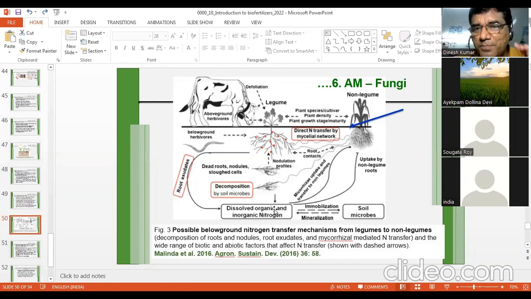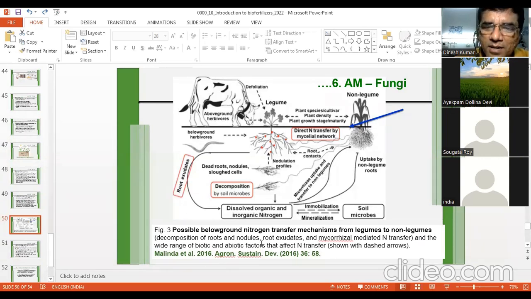Here also, in this picture, it is shown how nitrogen is transferred from legume to non-legume when they are growing together. Direct nitrogen transfer by mycelial network. So this mycorrhiza is helping in the exchange of nitrogen from legume to non-legume.